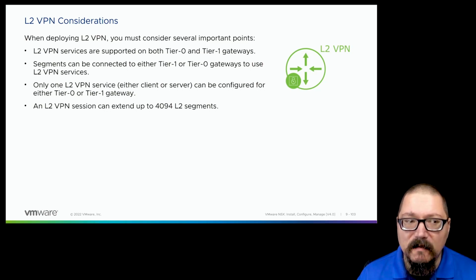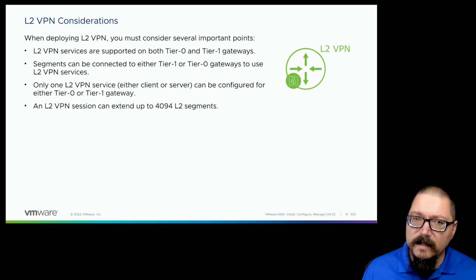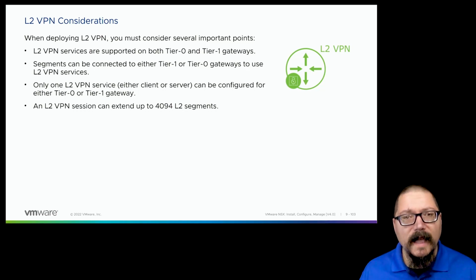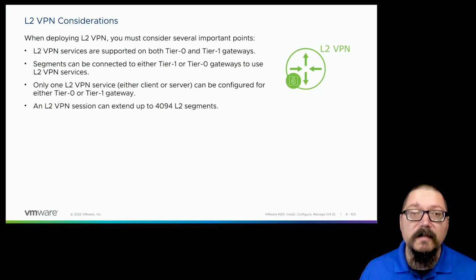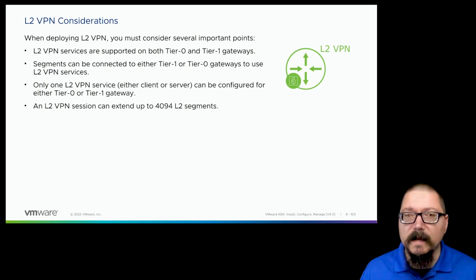NSX is going to have one layer 2 VPN service per gateway, meaning that I can have a layer 2 VPN server on one gateway, and that's it, right? Just that one server. Or I can have a layer 2 VPN client configured on a gateway, and that's it. I can have multiple layer 2 VPN clients and servers. They just have to be spread across equally as many gateways. And so we have to think about that.